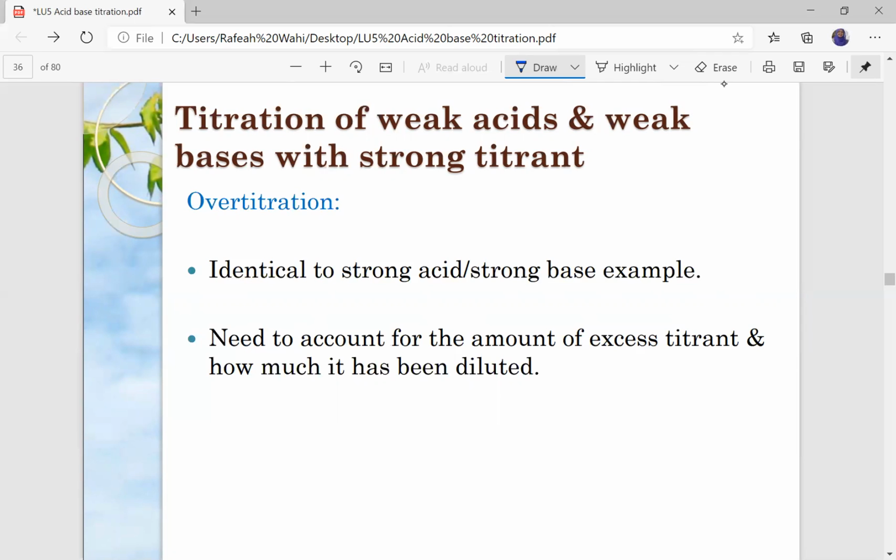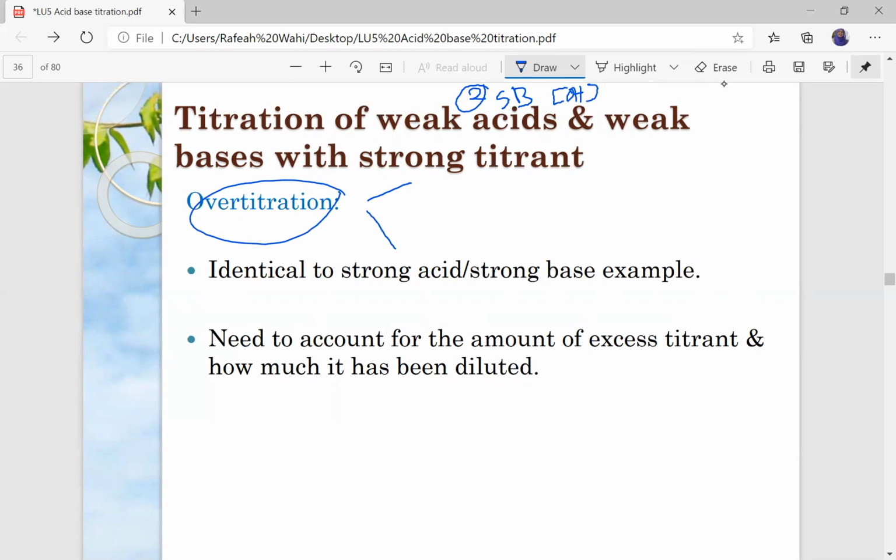We need to account for the amount of excess titrant and how much it has been diluted. Remember, for case number 2, titration of weak acid with strong base, you need to calculate the excess hydroxide ion for over titration.